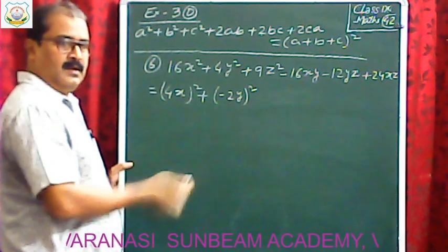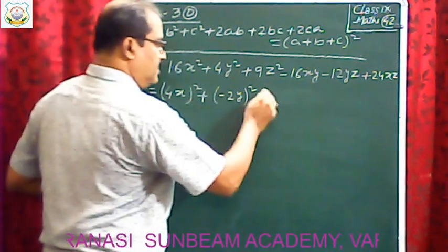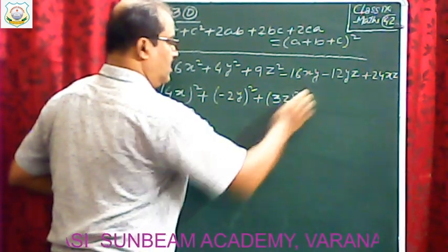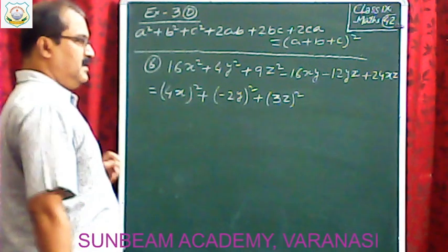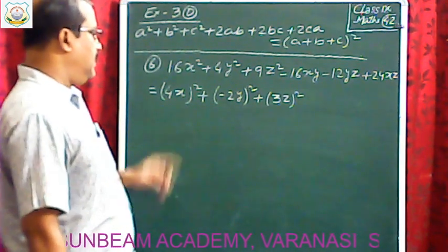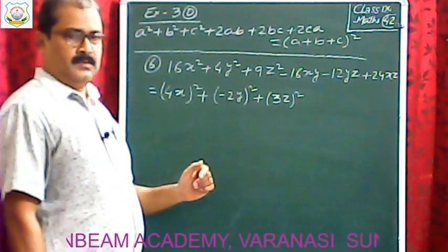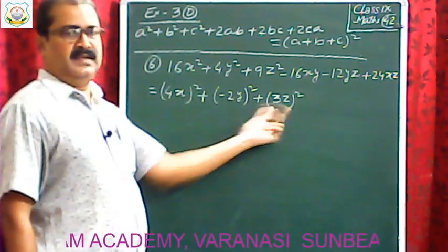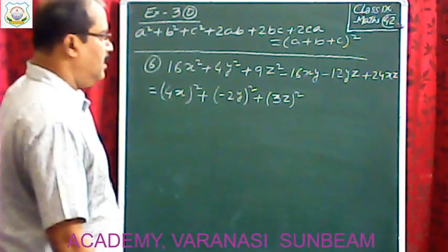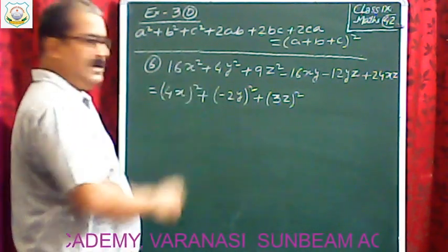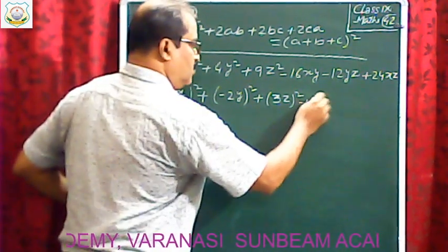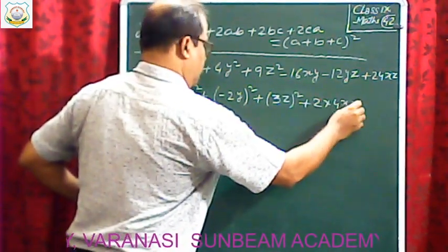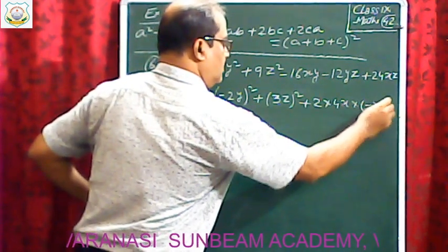Minus 2 square means 4, plus 3z whole square, that is also equal to 9z square. So in this way you have to identify a, b and c. Okay, so part of a is 4x, part of b is minus 2y, part of c is 3z. And thereafter, according to the algebraic identity, we have to write plus 2 into a, which is 4x, into b, which is minus 2y.